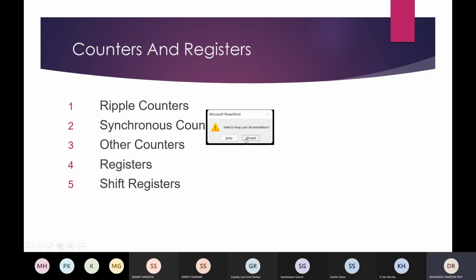Okay, previous ones means this diagram. Your screen is frozen, I think.